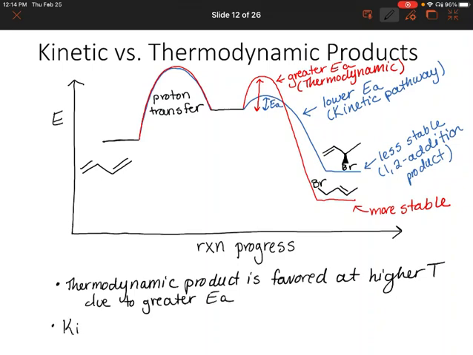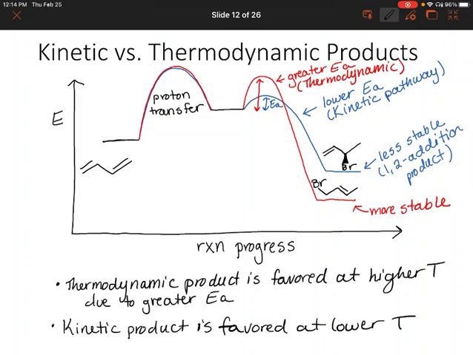And then the kinetic product is favored at lower temperatures. So you could control which product you end up with. You could either keep temperatures colder, or you could increase the temperature and try to get a specific product.